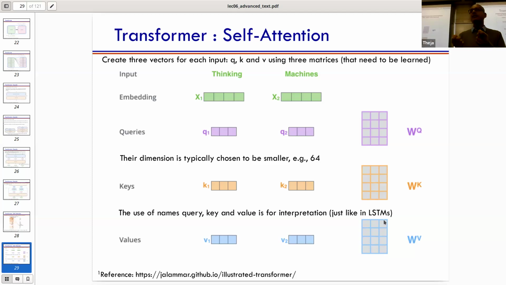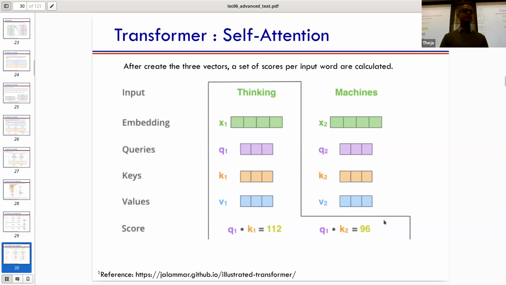Once you have these 3 vectors, we'll do the following. Same picture as before. Now what we want to do is go from x1 to z1. Remember, x1 produces z1 and x2 produces z2, but we want an influence from the neighborhood. In this case there's only one other word, so we'll see how the influence happens. First, we multiply the query vector with every key vector.